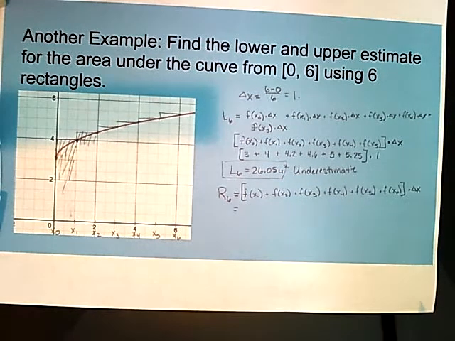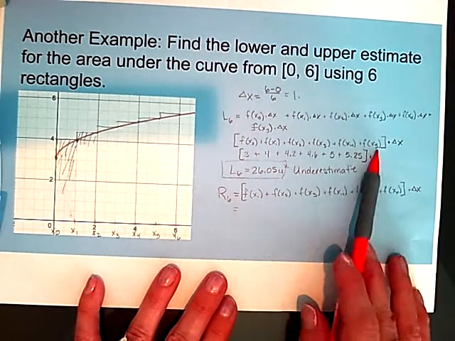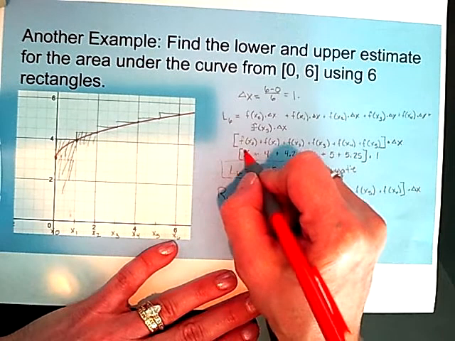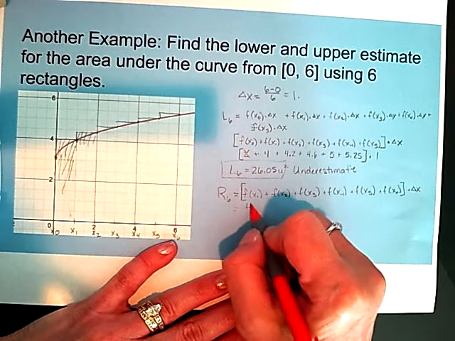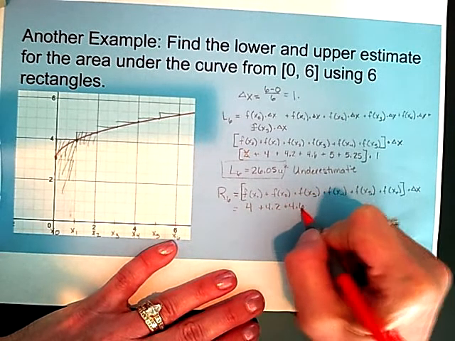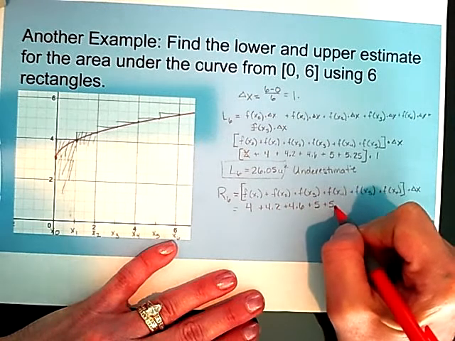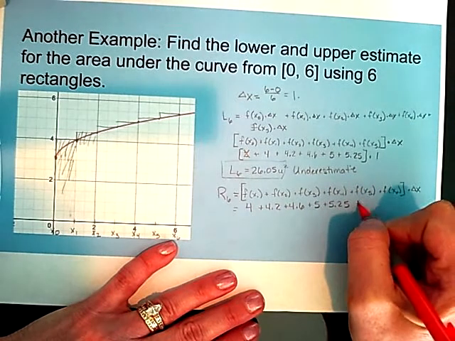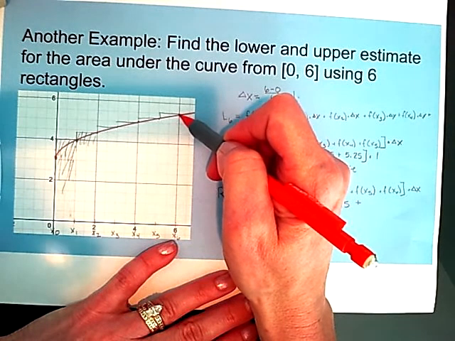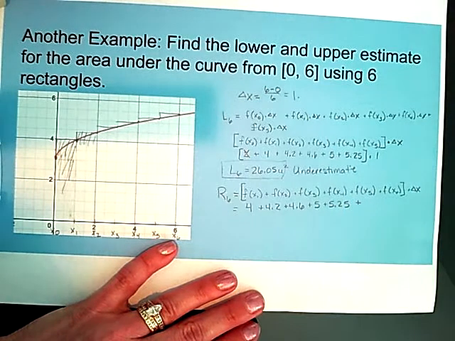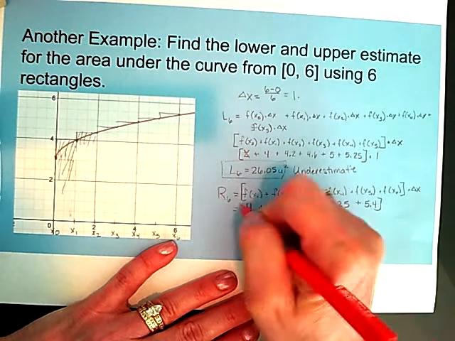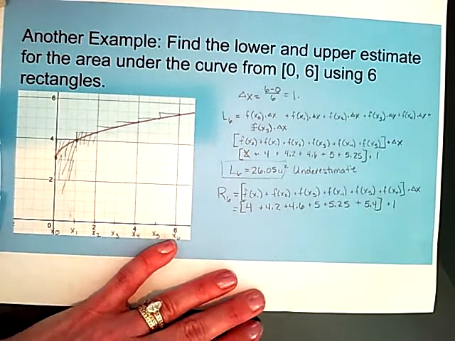So these calculations I can kind of steal from up here because I already have x sub 1 through x sub 5. So I'm going to skip out on this x sub 0 term. I'm going to use 4 plus 4.2 plus 4.6 plus 5 plus 5.25, but I need one more. I need how far does 6 go? So I'm going to estimate 6 is going all the way to about 5.4 is my estimate, times my delta x, which is 1.